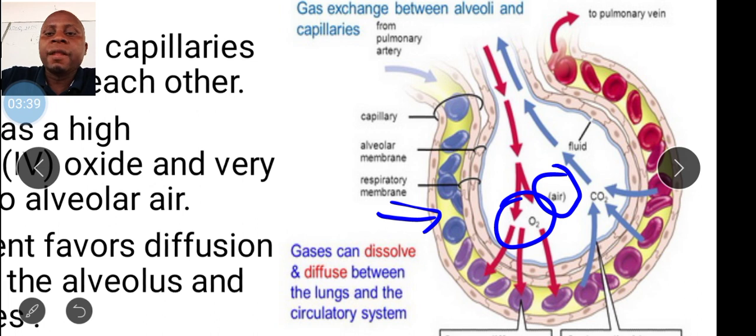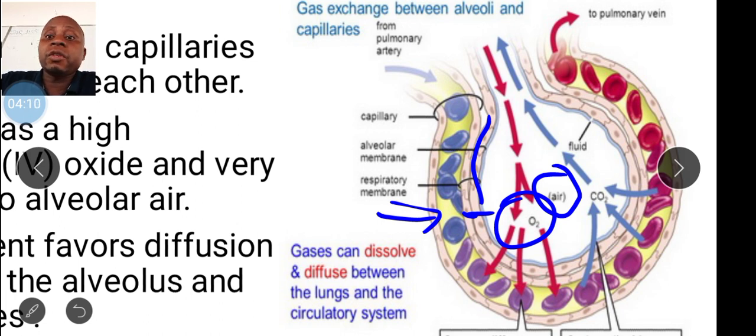Therefore, it first dissolves in the film of fluid, the moist surface of the alveolus, then diffuses into the blood capillaries.